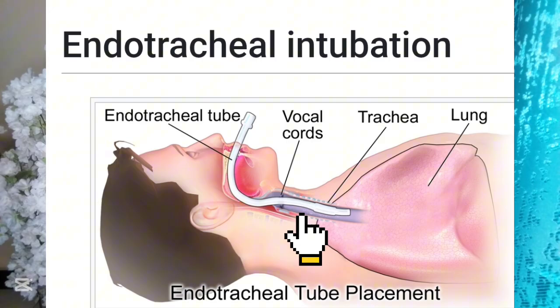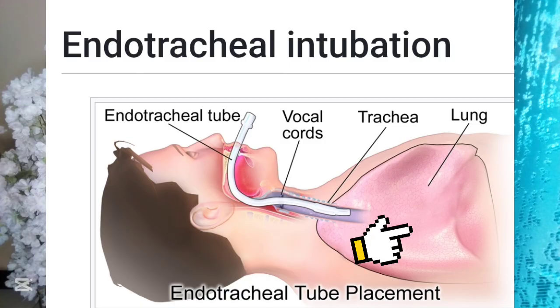These bacteria can now disperse, or they can dislodge from the endotracheal tube, and they can find their way into the lungs, and this can cause infection of the lungs, the ventilator-associated pneumonia.